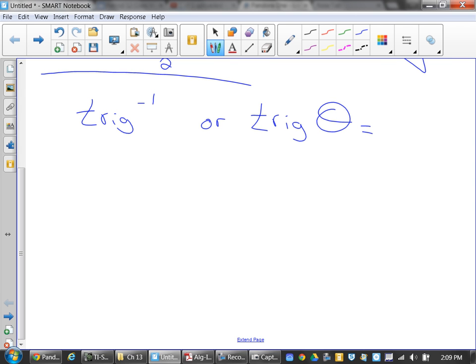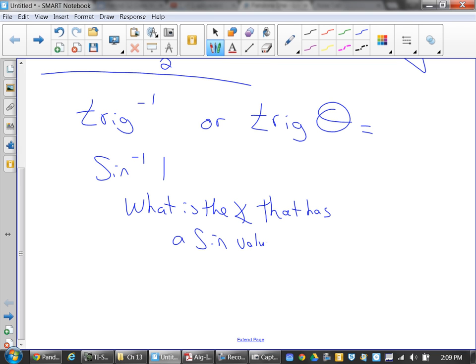Those two words mean: what is the angle that has... What this is asking you is, what is the angle that has a sine value equal to 1? That's what that's asking you. When you have that inverse or arc of something, they mean the exact same thing.